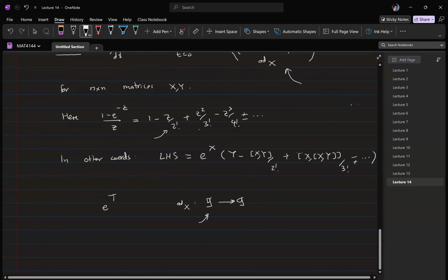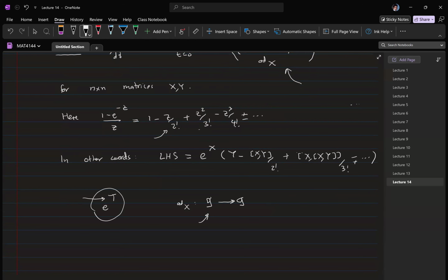The size will be the dimension of G. Yeah. It's some big matrix. But anyway, this does not depend on the matrix representation. So e to the t for a linear transformation t can be computed when you choose a matrix representation of t, but it is just some linear transformation on the vector space on which t acts. Okay, thanks for asking. Is it clear?